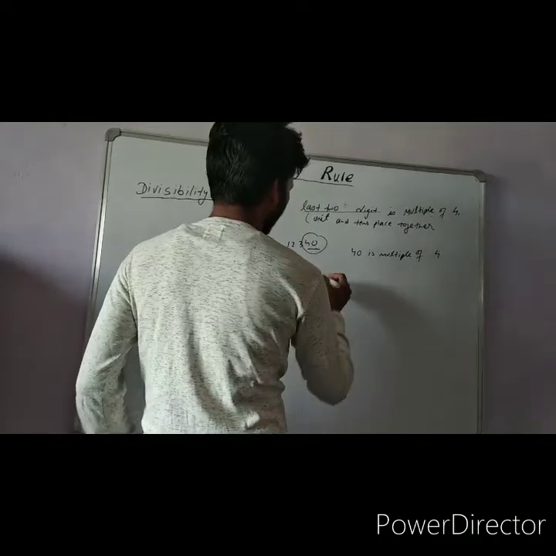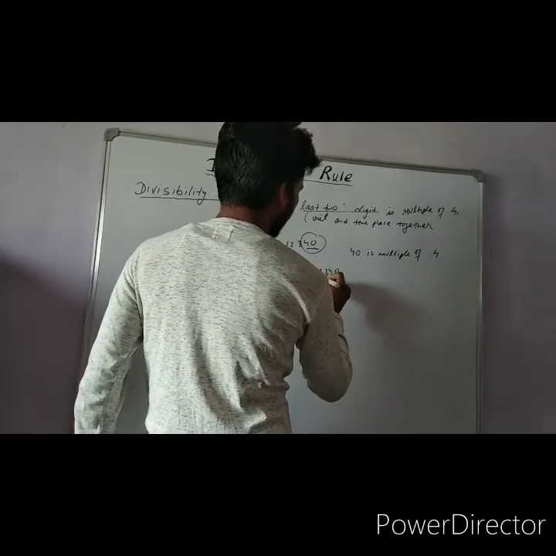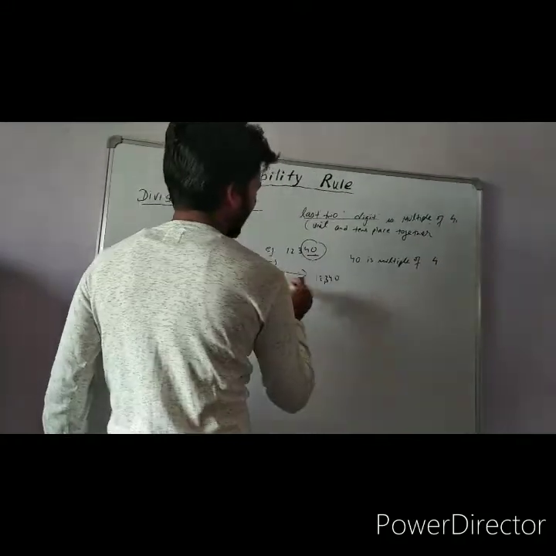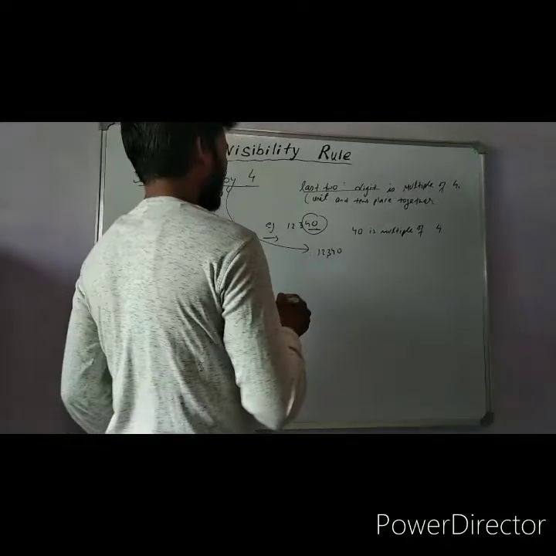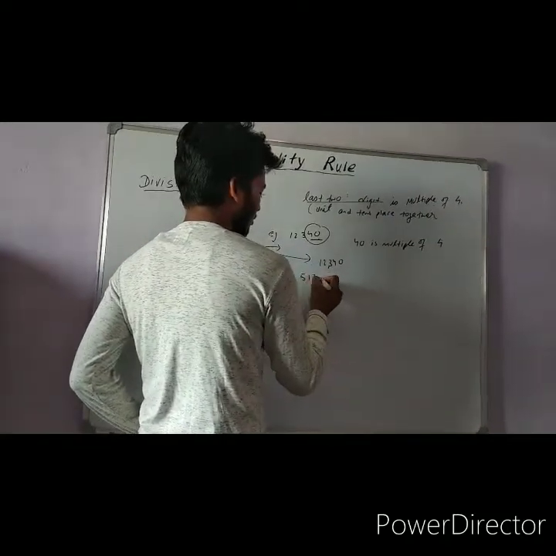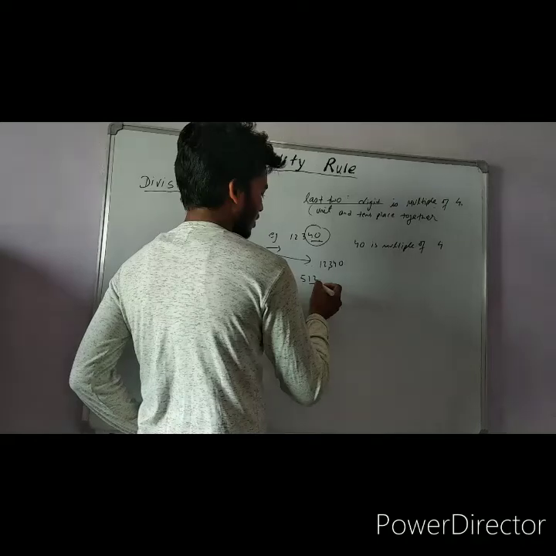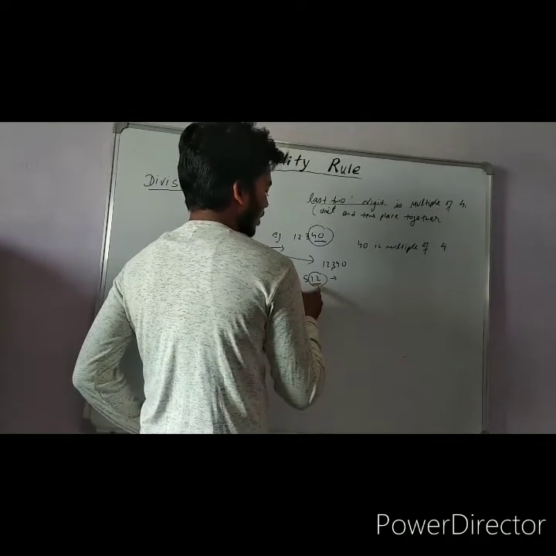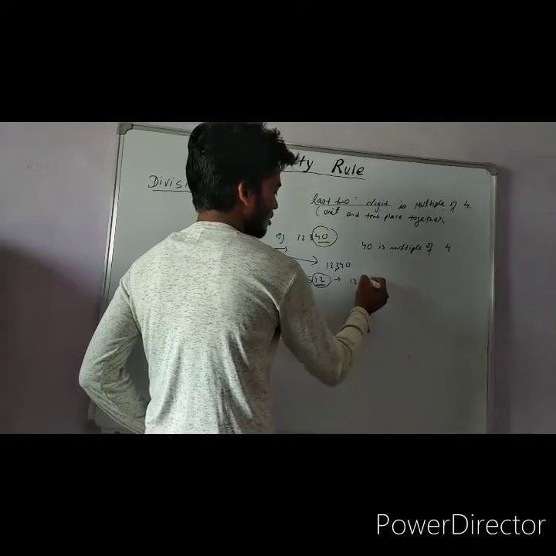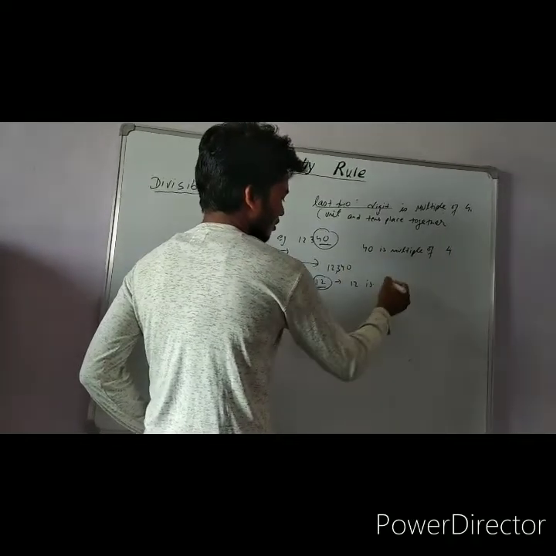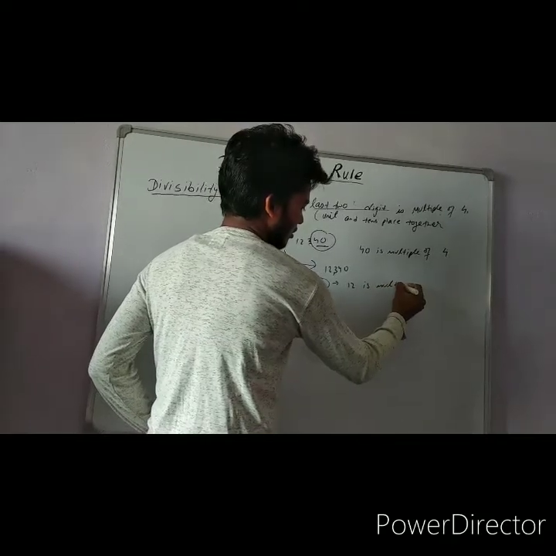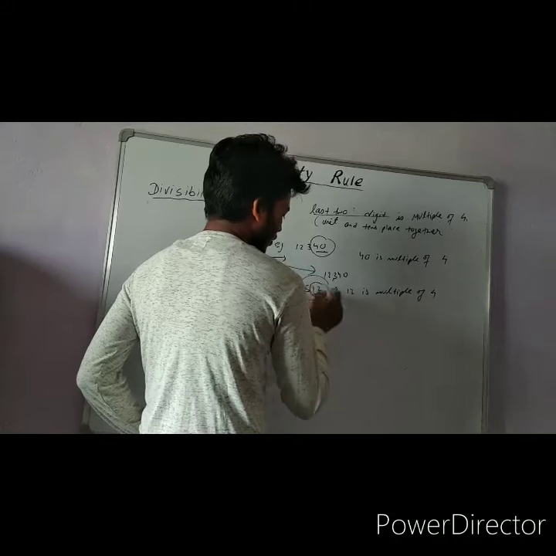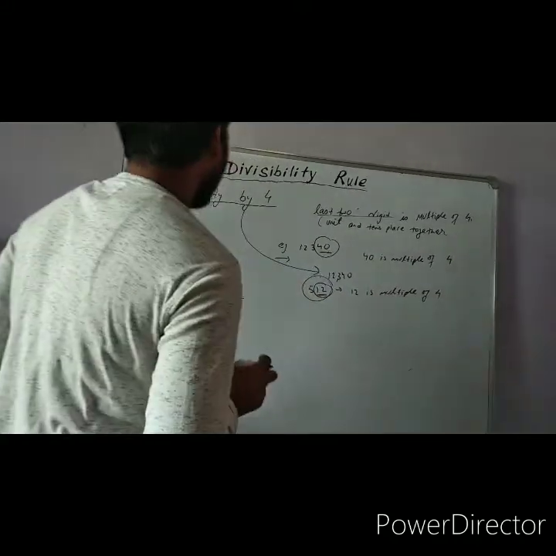Therefore 12,340 is divisible by 4. This is the rule. Another example, 512. Last two digits, unit place and tens place, make 12, and 12 is a multiple of 4. So 512 is divisible by 4.